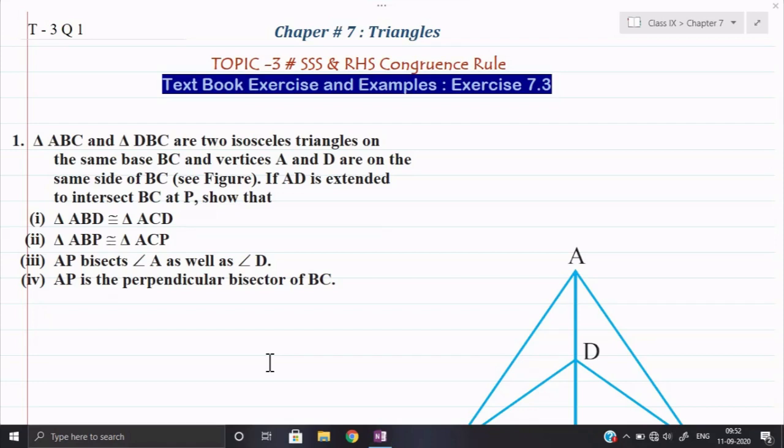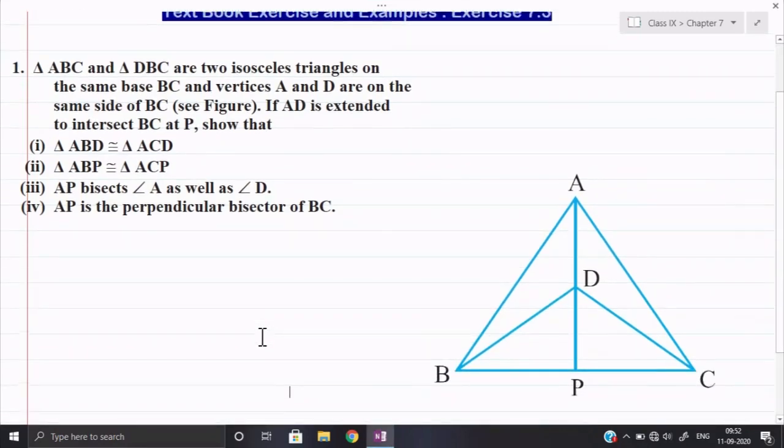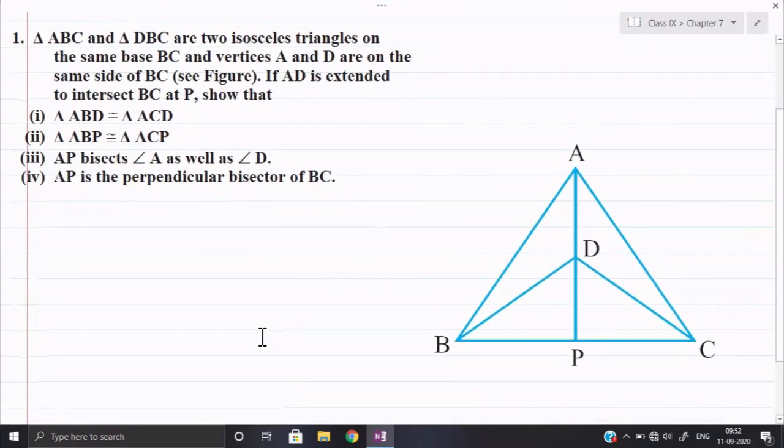In the first question, we are given that triangle ABC and triangle DBC are two isosceles triangles. Isosceles triangle means a triangle in which two sides are equal. Here ABC and DBC are two isosceles triangles on the same base BC, which means their base is the same, and the vertices A and D are on the same side of BC.